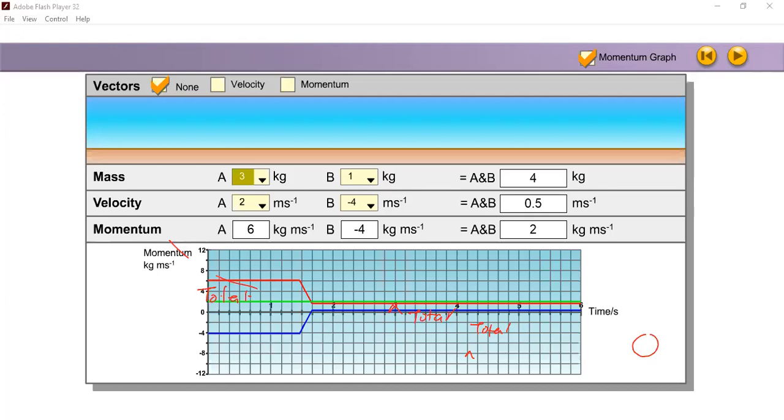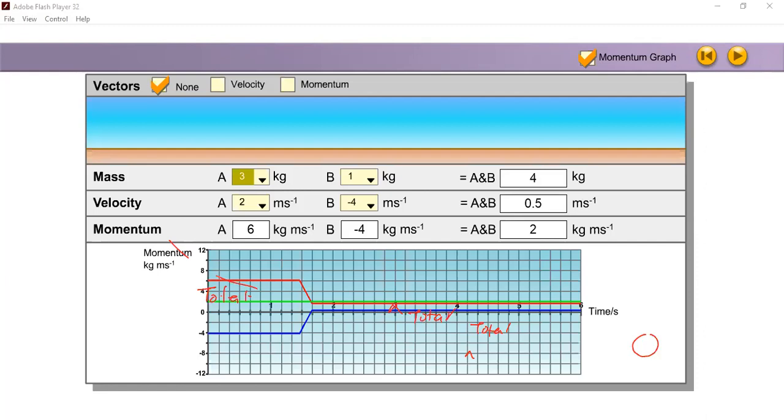Why? Still remember just now. Okay, let's see the motion again. Look at the momentum. Okay, A. We notice that A with greater momentum, after collision, it becomes smaller.